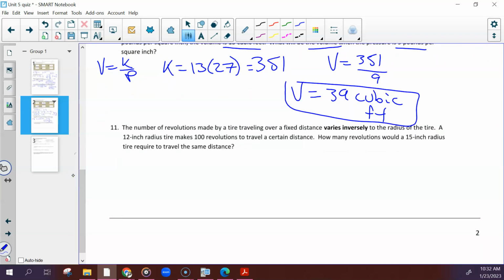And then the last one does not have variables again, so make up whatever you want or call them y and x. So the number of revolutions is your y, the radius is your x. We have 12-inch radius, so that's x, 100 revolutions, that's y. Use those to find k by multiplying them together.